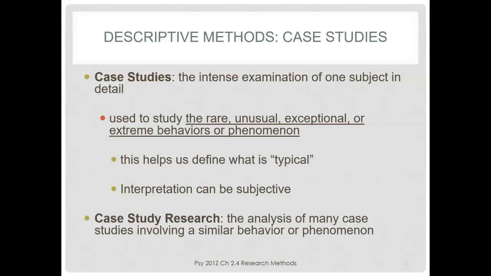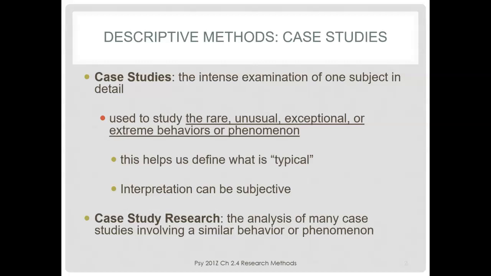We only use them to study the rare, the unusual, the exceptional, or extreme behaviors or phenomenon. If something's not rare or unusual or extreme, we need to use other research methodologies to study it. So let's say we're going to research dissociative identity disorder, and that's the current diagnostic title for multiple personality disorder.